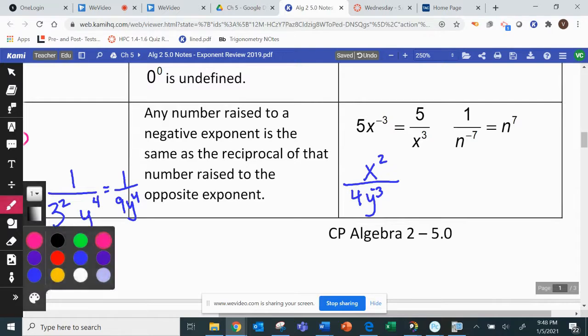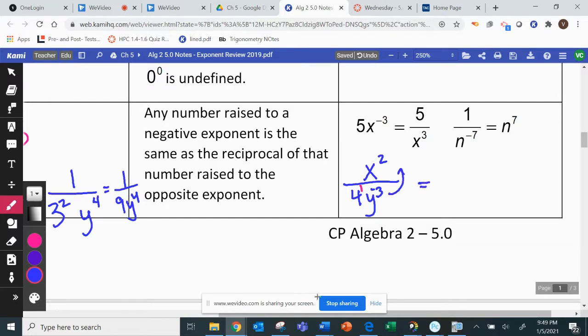The 4 has an exponent of 1. The exponent of -3 is not on the 4. So when I go to reciprocate, I'm only reciprocating the y. And since it's on the bottom, I'm going to move it to the top. The x squared does not have a negative, so it stays. The 4 does not have a negative, so it stays. The y to the third moves up to the top and becomes positive when it moves up.